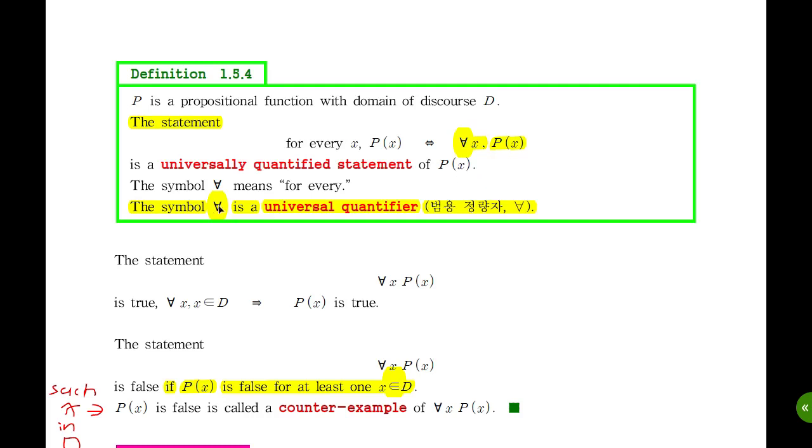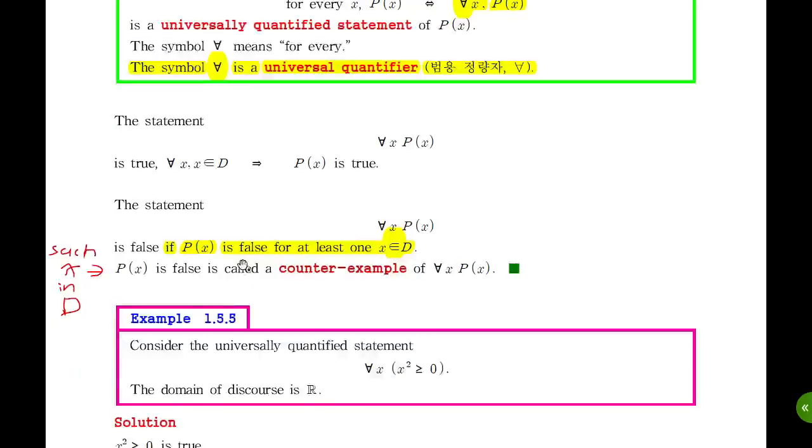And this symbol, the flipped capital A, is called the universal quantifier. Okay, so "for all x, P of x" is true means that whenever x is in the domain of discourse, P of x is true.